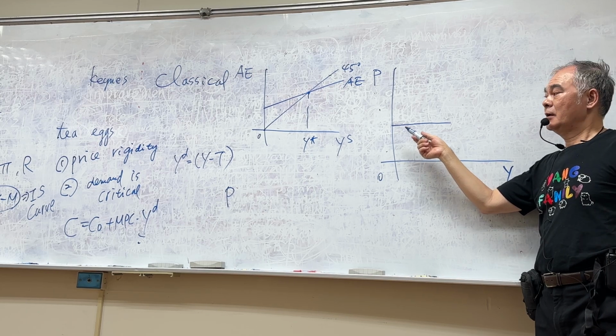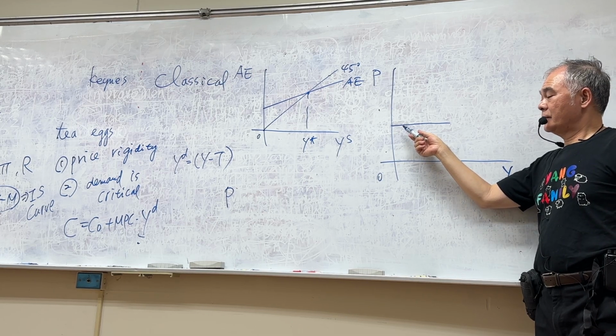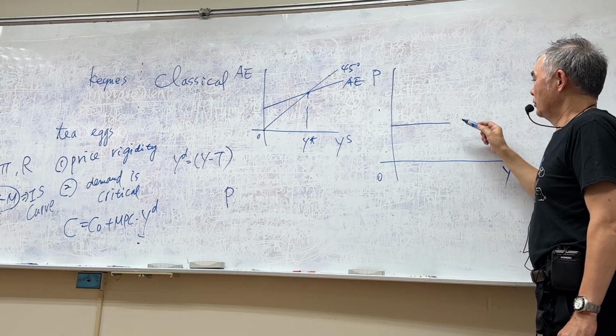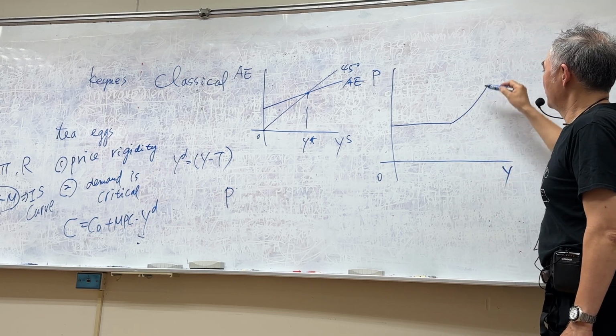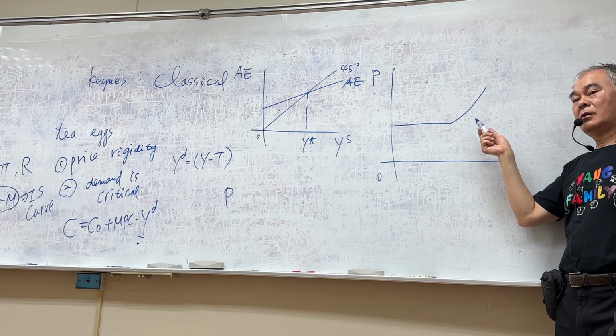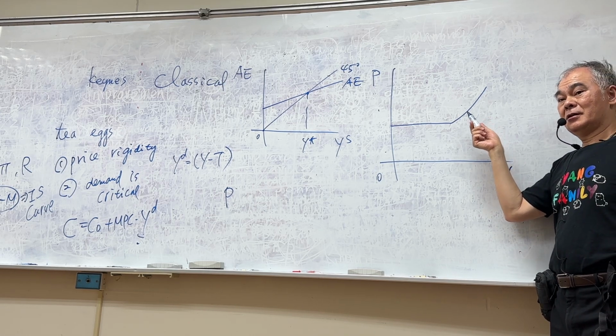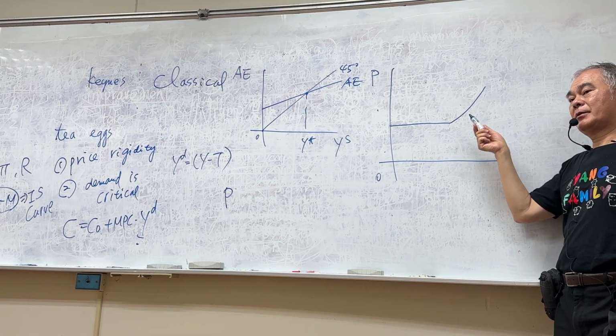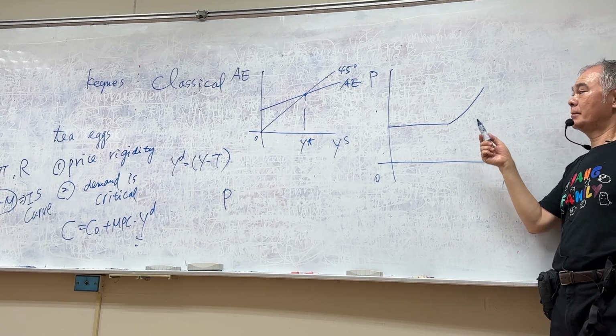So basically this section reflects Keynes's idea. But normally, if you want to increase more production, you will increase the demand on factors of production, on steel, labor, etc. So price will go up.